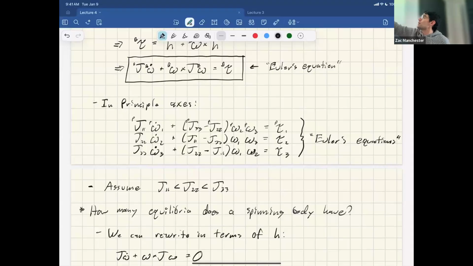The other two equations, when I look at this term, this is going to be our nominal big omega. So in terms of this one, this will be a constant, and then this will get a linear term from this guy. Similarly here, this is constant. We're going to get a linear term for this guy. So we're going to end up with two coupled equations for the omega 2 and omega 3 components. And this one basically to first order is constant and drops out. Make sense? That's how we're going to linearize it.